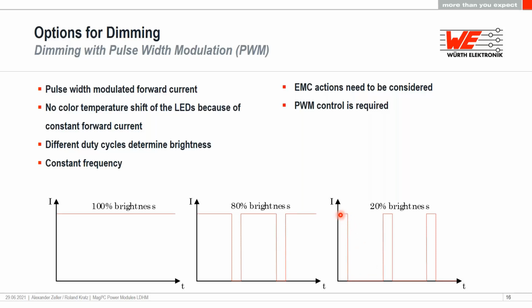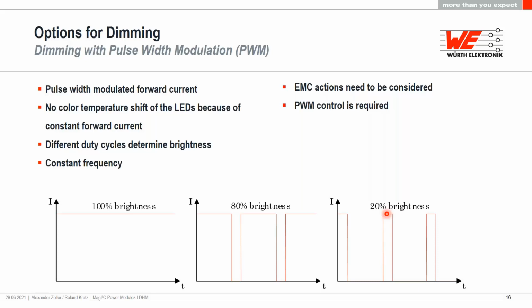You will have the same current, which means the same color temperature, the same chromaticity coordinates. The advantage is really here: from 100% brightness down to close to 0% brightness, in this example 20%, you always have the same color temperature.